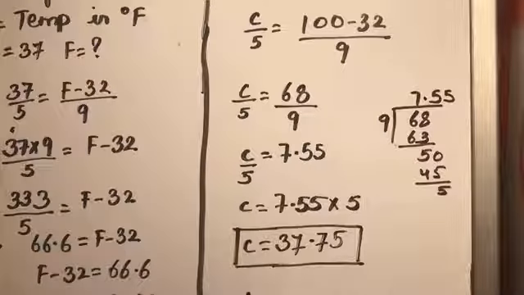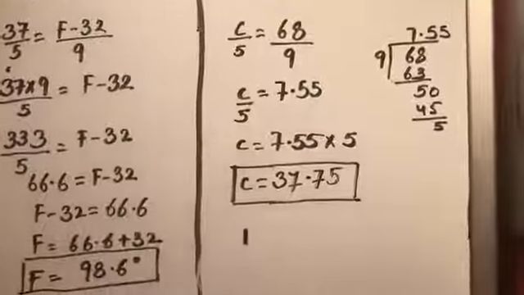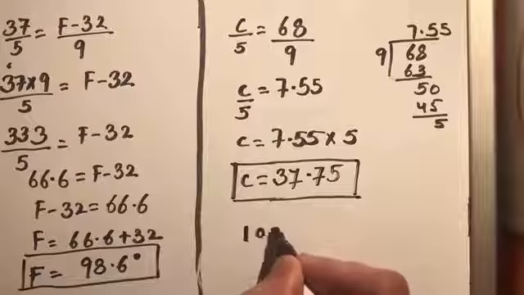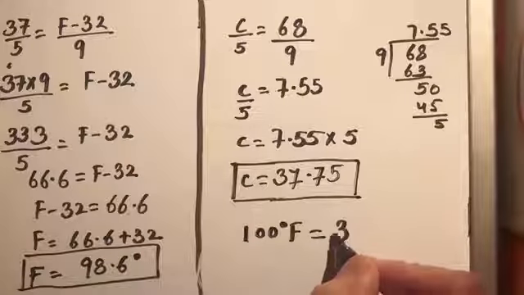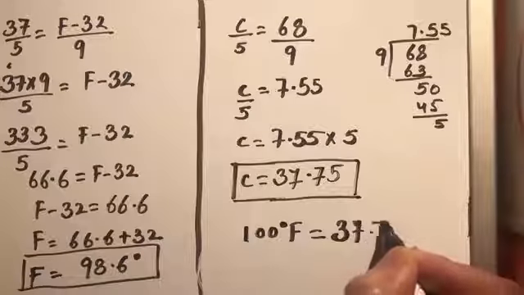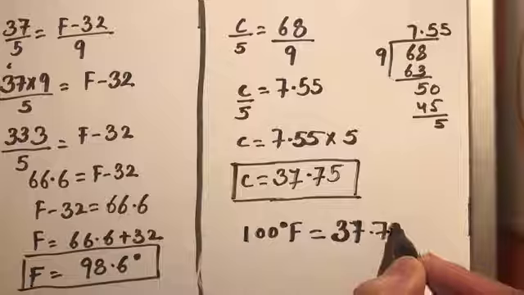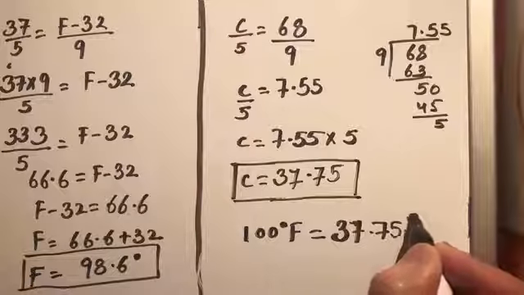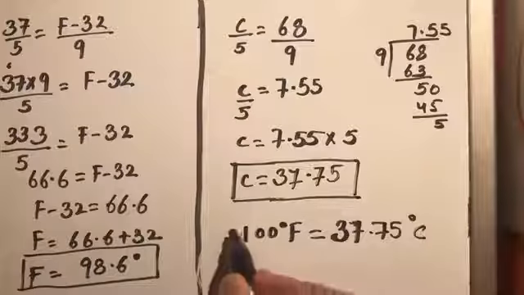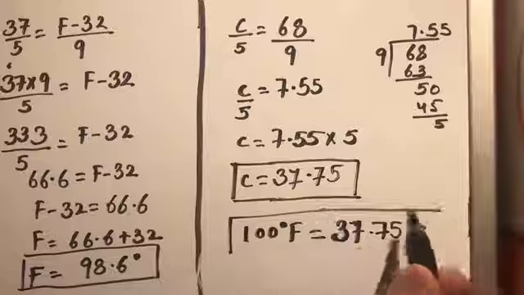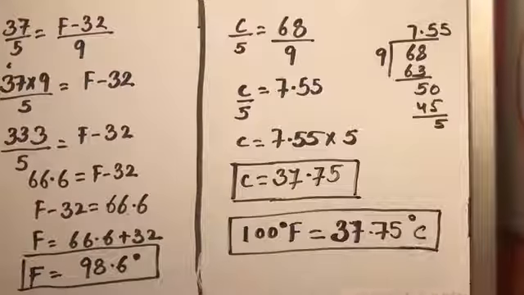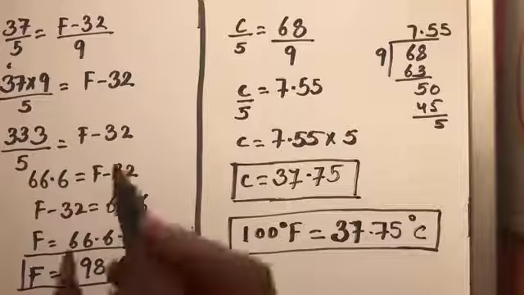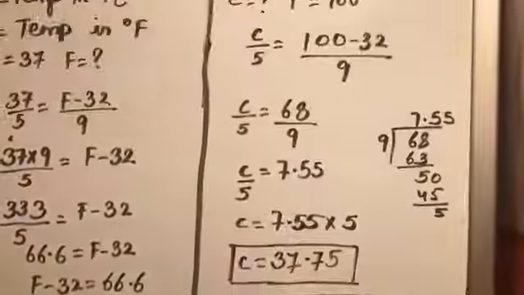So we got 100 degrees Fahrenheit is equal to 37.75 degrees centigrade.